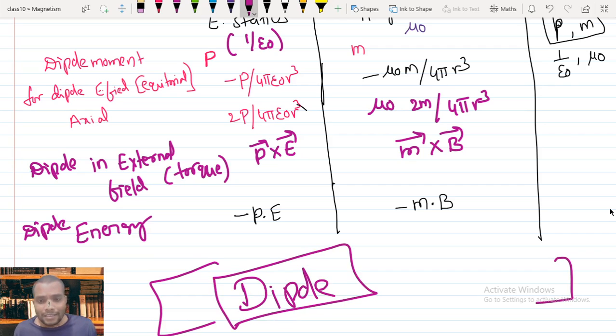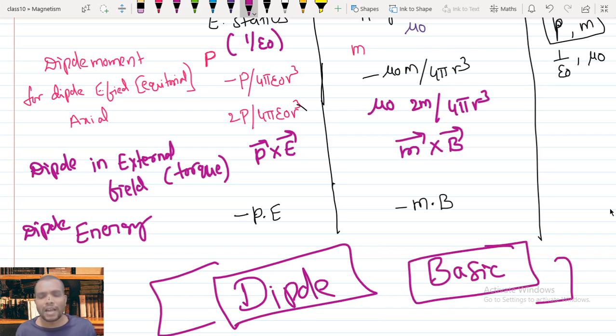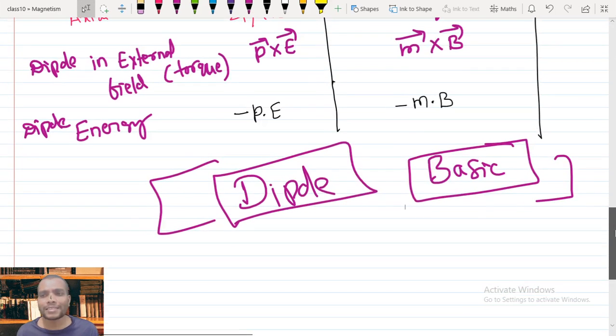And the dipole is the very basic thing in magnetism, the very starting point, because there are no monopoles in magnetism.